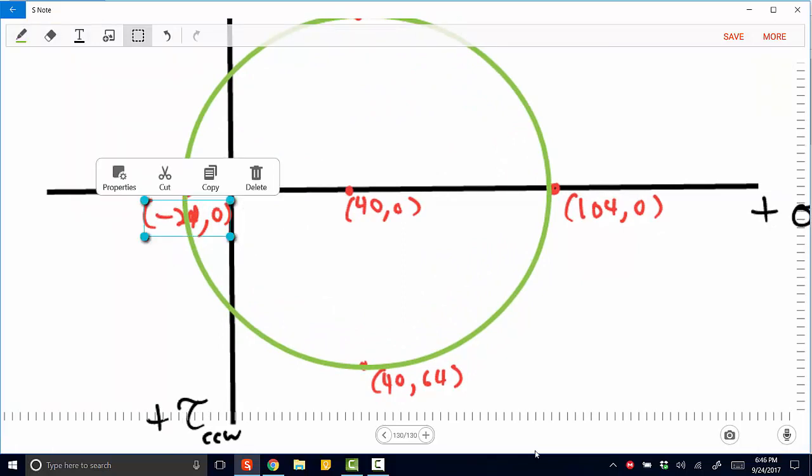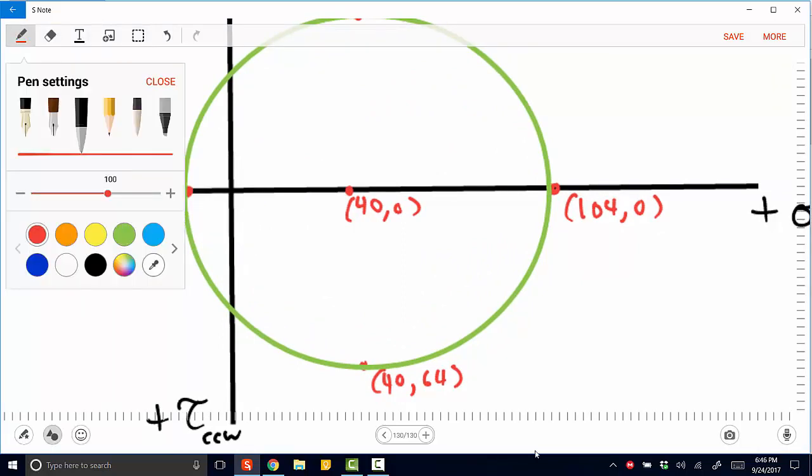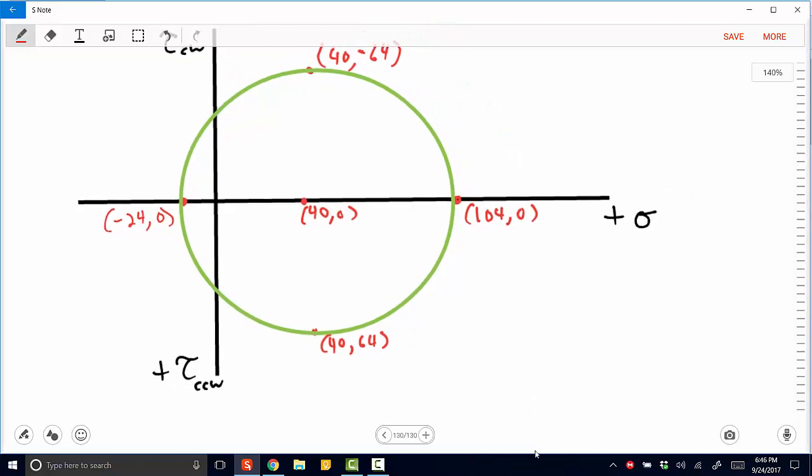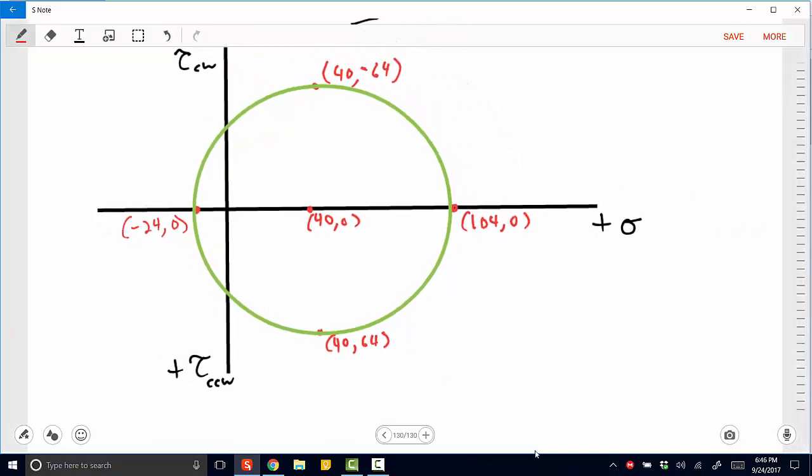And let's clean this one up here. So now we've got more circle here. We've got the circle drawn, and we've got our points of interest.